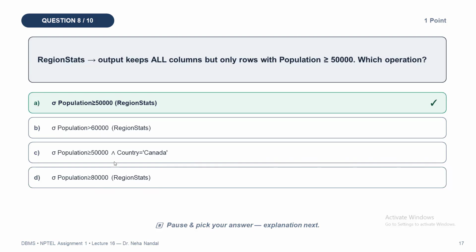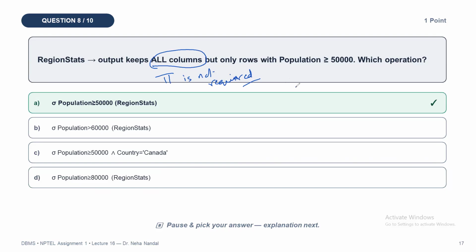All columns kept means no projection is required. Projection is utilized if you have to project certain columns out of all of them. All columns means pi is not required because we are projecting everything.